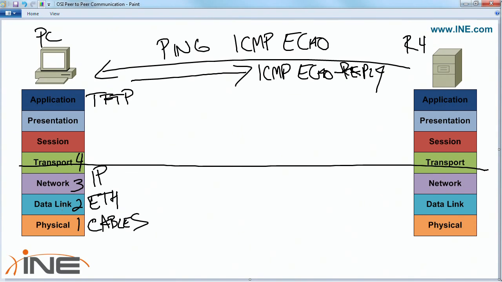You should be able to look at a network problem and almost immediately figure out at what layer or below the problem is. So if I know that ping is working and there's still a problem, the problem is somewhere up here. But if the ping is not working, then it could be something below here. So it's a real good, quick troubleshooting tool.